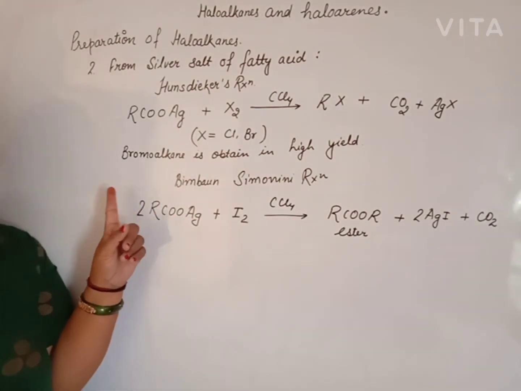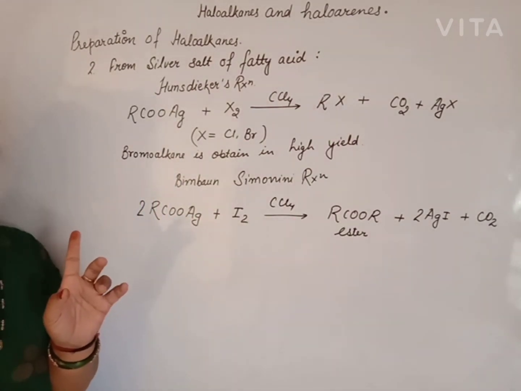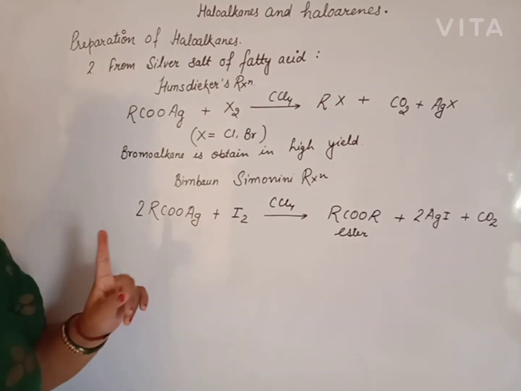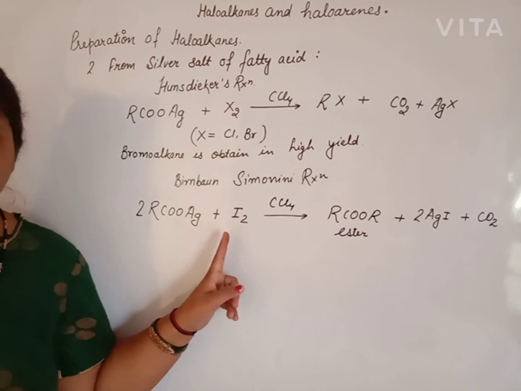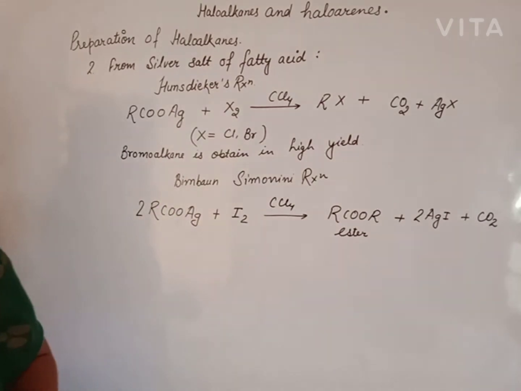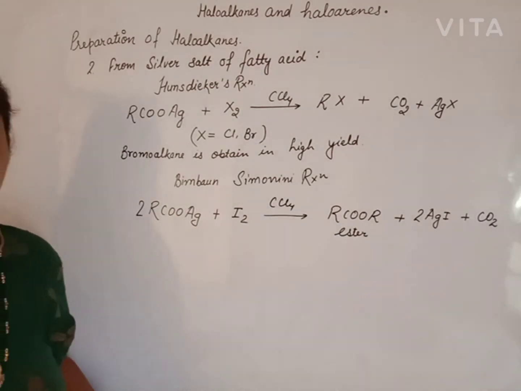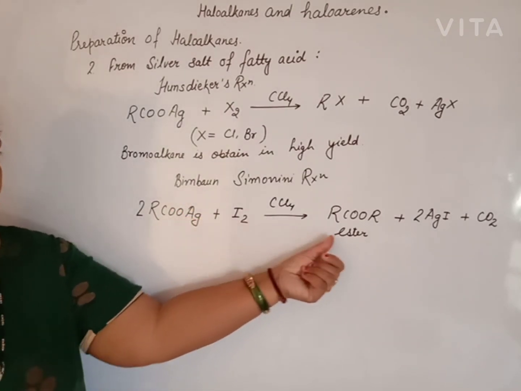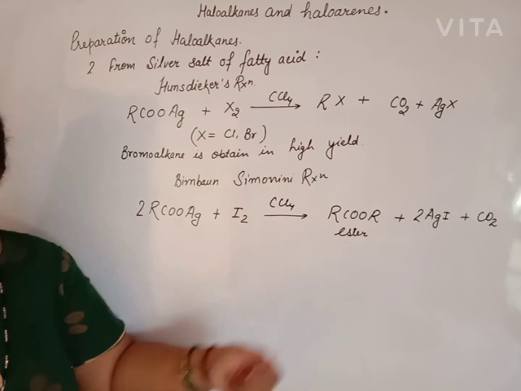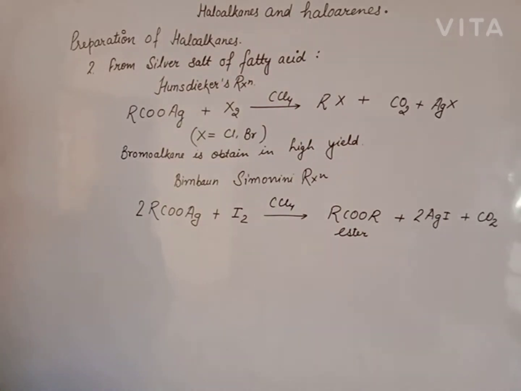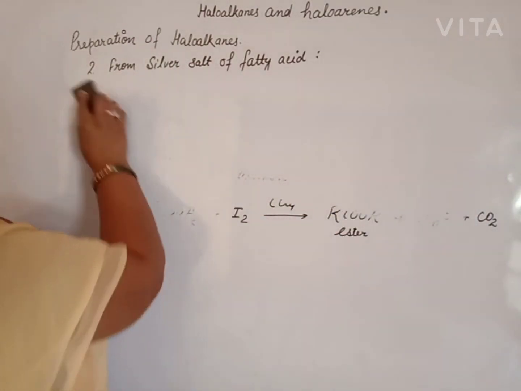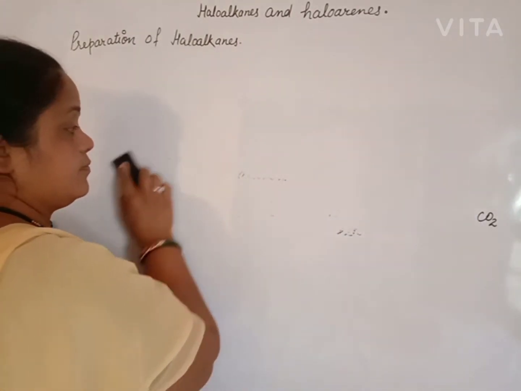Otherwise, directly this reaction is not in our syllabus, but a number of times this question will arise in your exam or maybe in your entrance exams. So you must remember: silver salt of fatty acid reacts with iodine to give ester, not iodoalkane. Now another method, which we already discussed in our last video, is from halogen exchange.